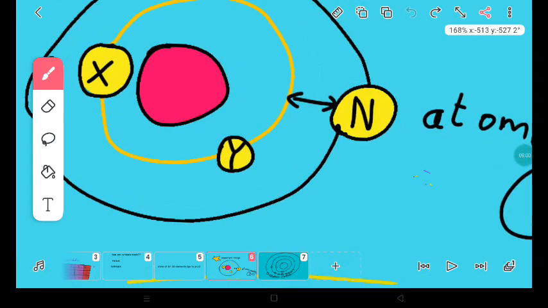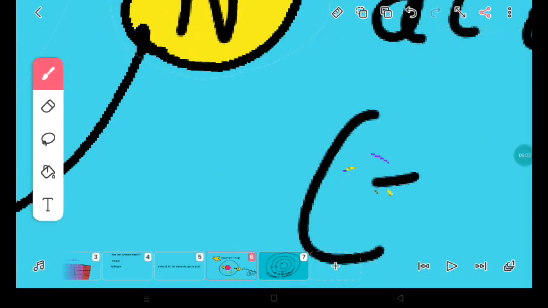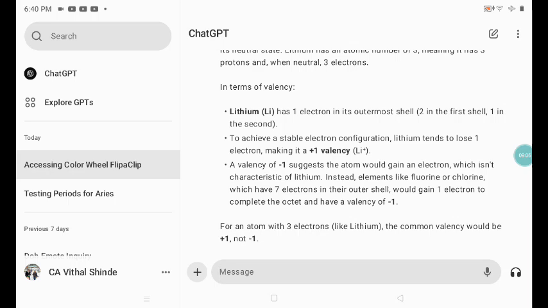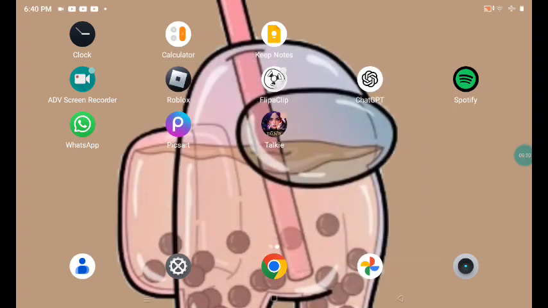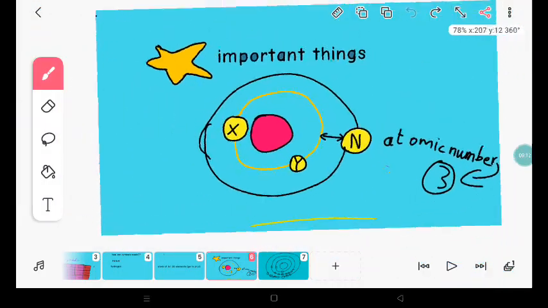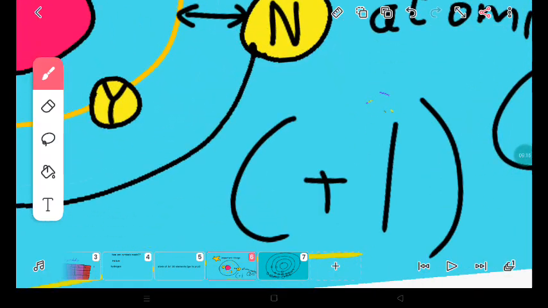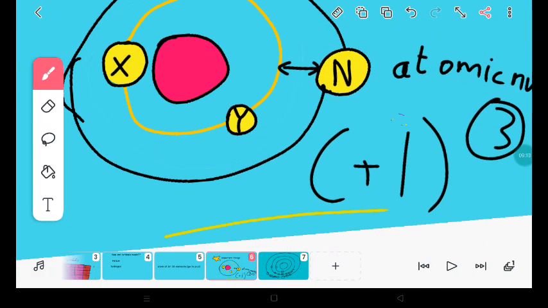The valency should be +1, not -1, because it needs to lose 1 electron. That's why the valency will be +1.